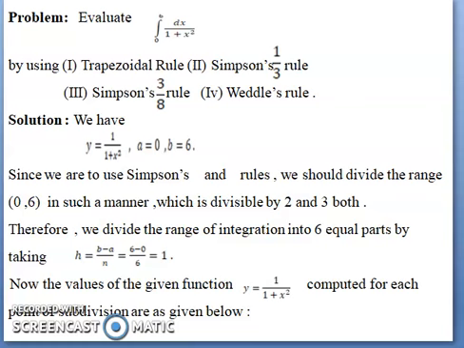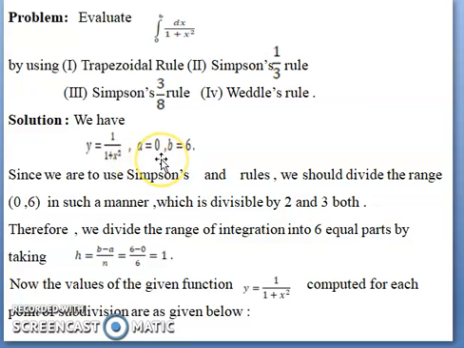Now, taking an example, this is the problem. Evaluate the integration over 0 to 6 of dx divided by 1 plus x squared by using the trapezoidal rule, Simpson's 1/3 rule, Simpson's 3/8 rule, and Weddle's rule. Solution. We have the function y equal to 1 divided by 1 plus x squared.